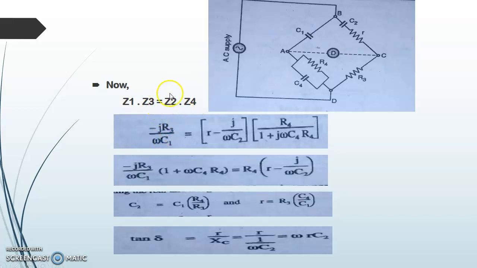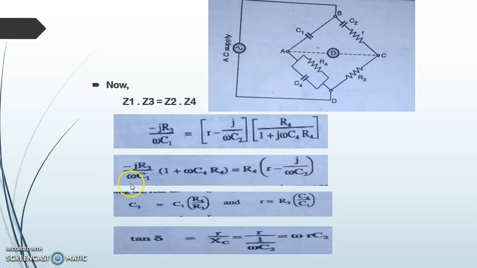And solving Z2 into Z4, we have R minus J upon omega C2 into R4 upon 1 plus J omega C4 into R4. On solving this equation, we get minus J R3 upon omega C1 into 1 plus J omega C4 into R4, which is equal to R4 into R minus J upon omega C2.